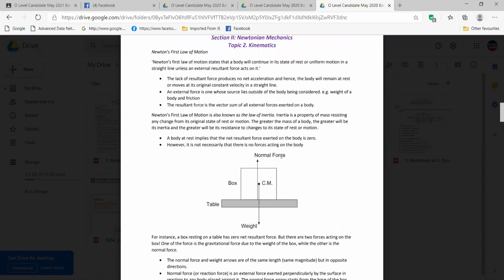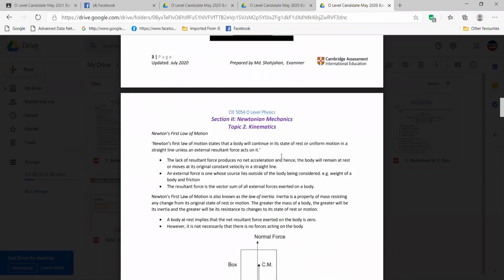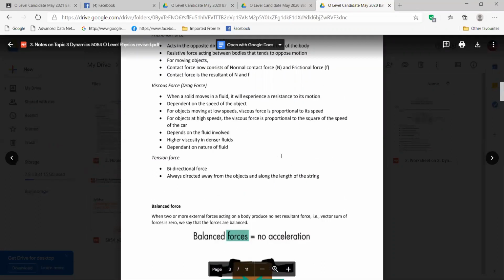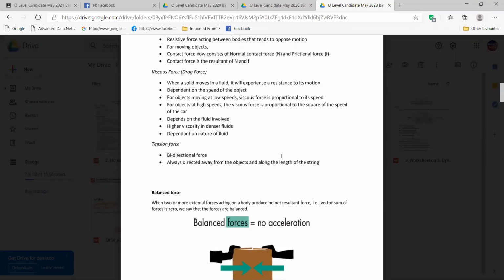What's the difference between contact force and normal contact force? Same thing. The force working directly downwards, that one is normal. Normal means perpendicular.